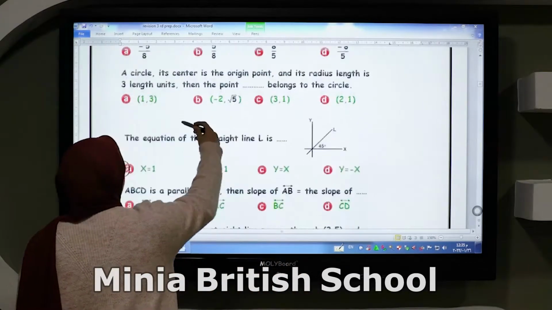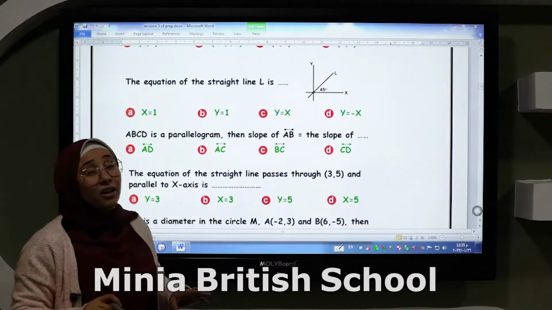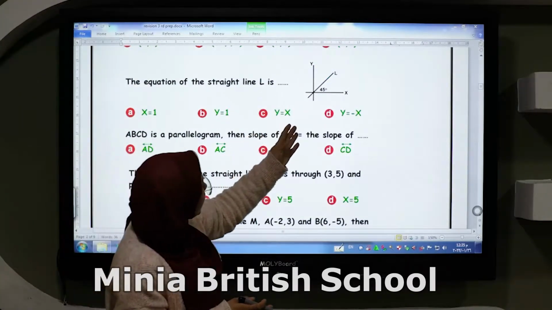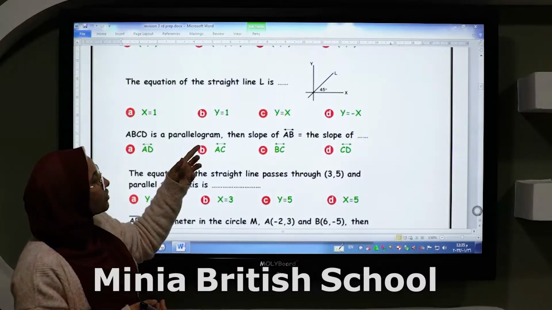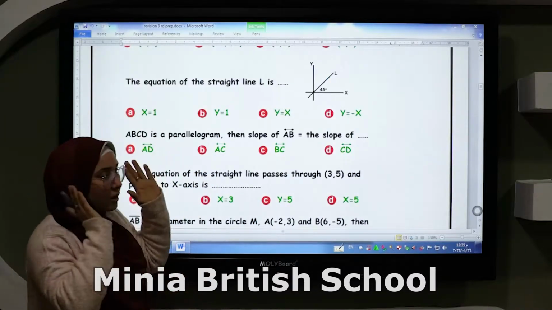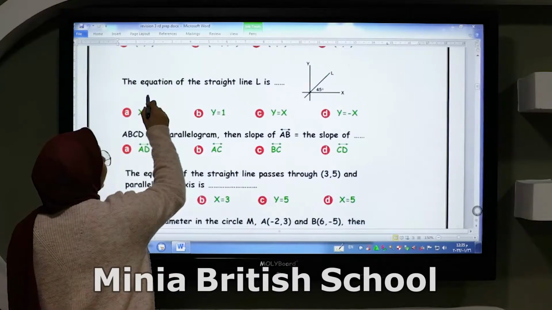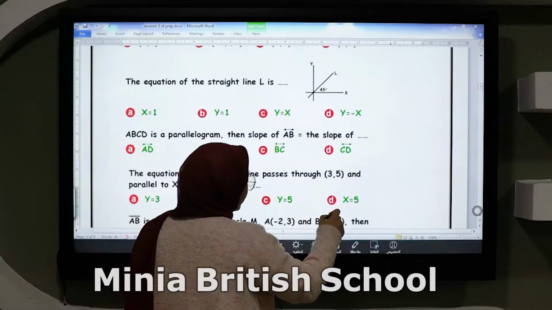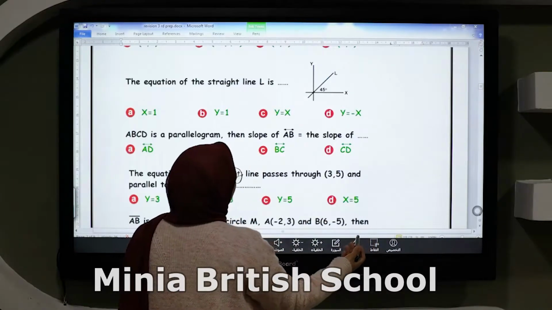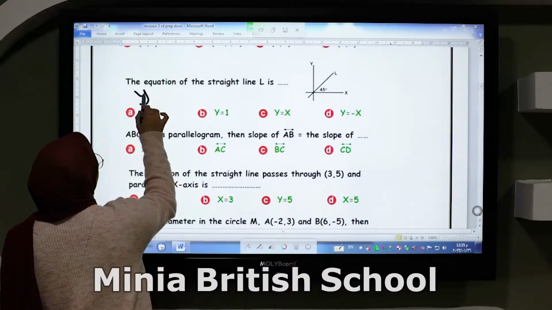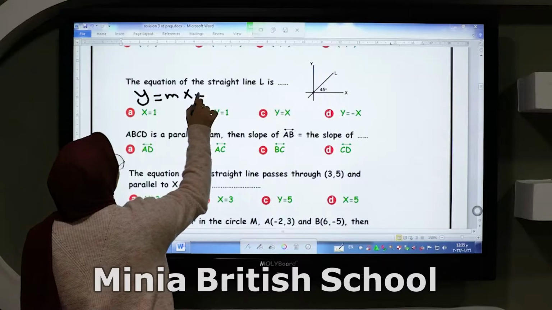Next one, the equation of the straight line is what? Okay, this straight line, if you listen, the equation of the straight line here is y equals mx plus c.